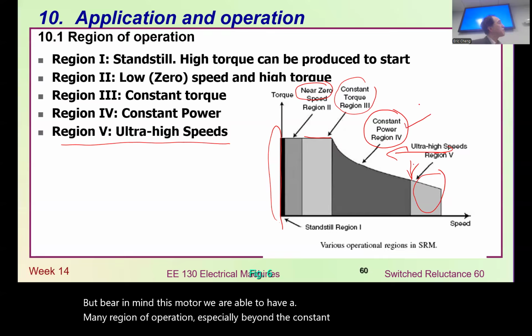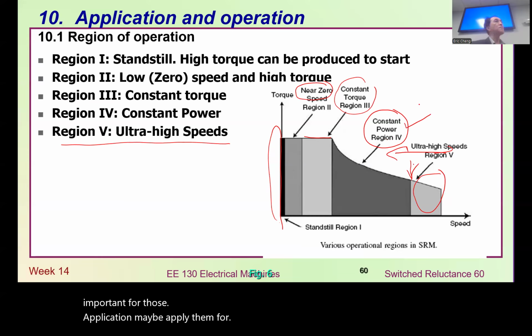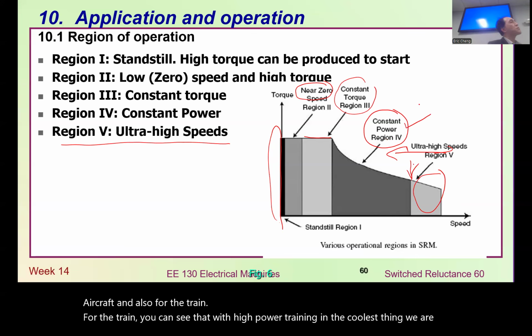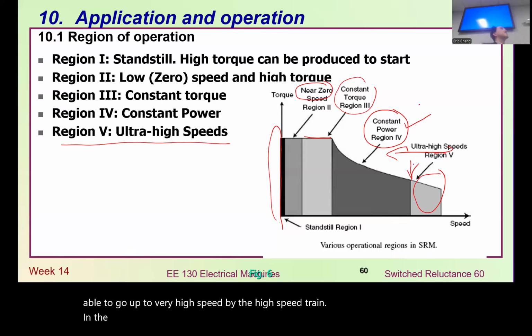That is especially important for applications such as aircraft and also trains. For a very high power train, in cruising we are able to go up to very high speed, like a high-speed train. And the SR motor, because it doesn't have any starting torque problem, we are able to power up the train without any difficulty.